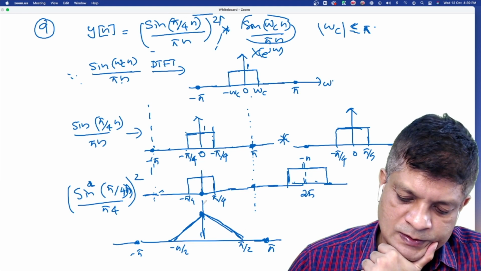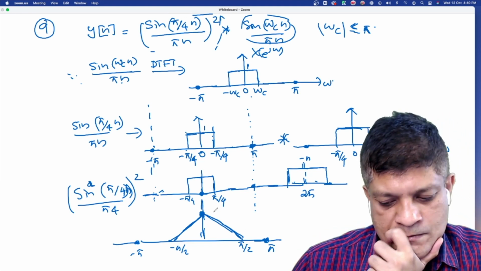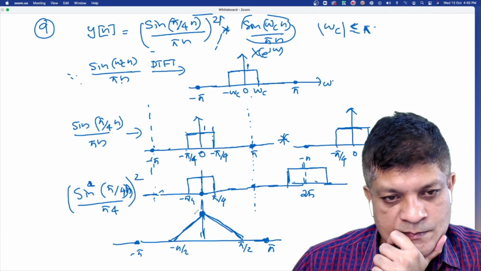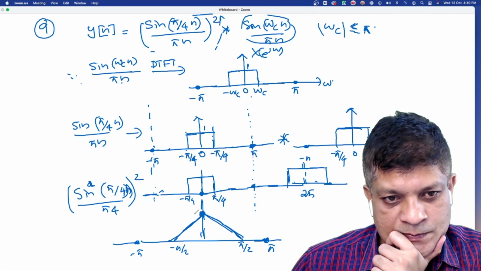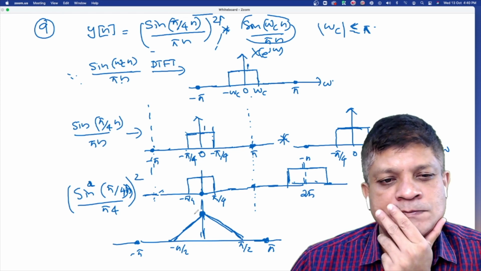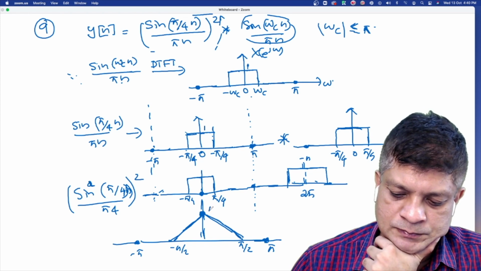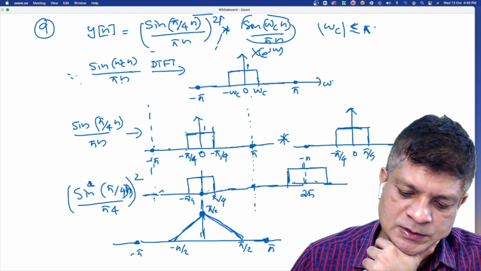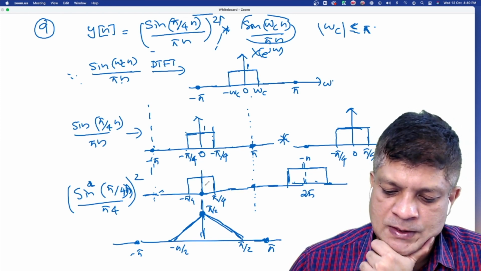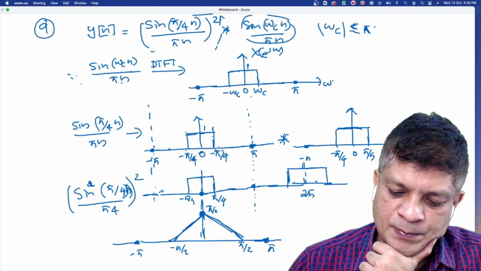What is this value? Is it pi by 2? Because in the periodic convolution this width is pi by 2.